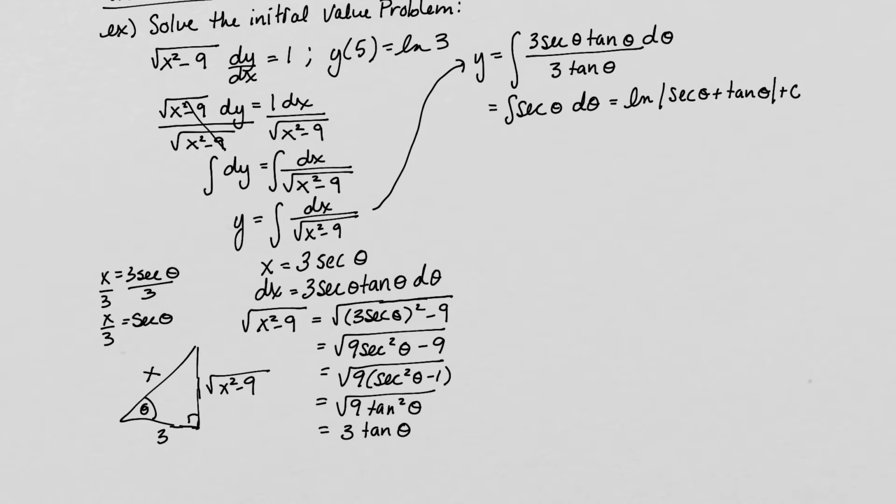And then I just have to pick off from my triangle what's the secant theta, what's the tangent theta. So y ends up being the natural log of the absolute value. The secant of theta is x over 3, and the tangent of theta is the opposite, square root of x squared minus 9, over the adjacent 3, plus c.